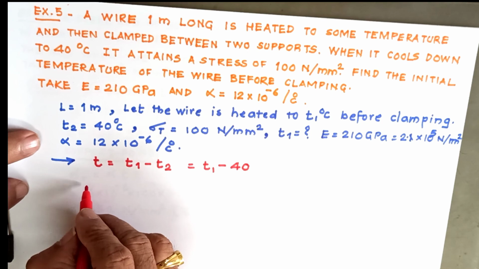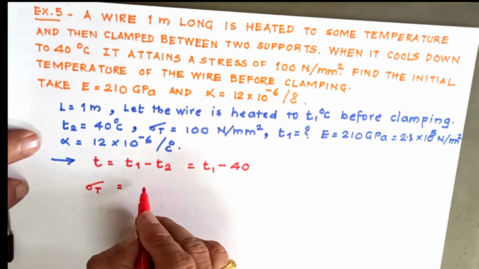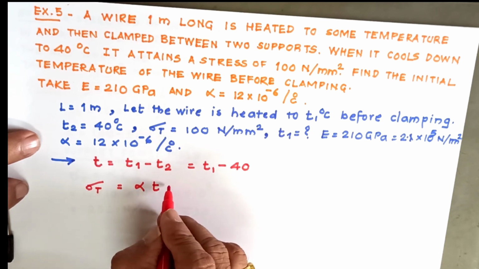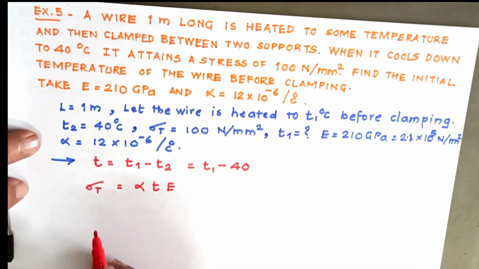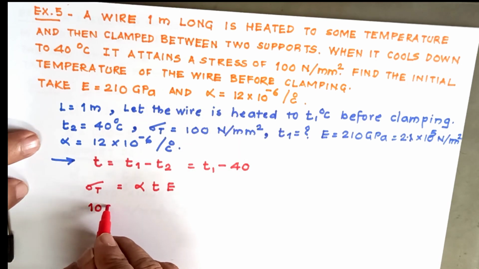We know that the thermal stress induced is equal to alpha into T into E. Let us put out the values. Sigma T is known here, 100 Newton per mm square.